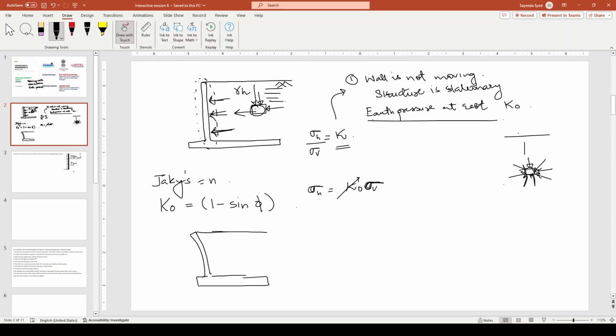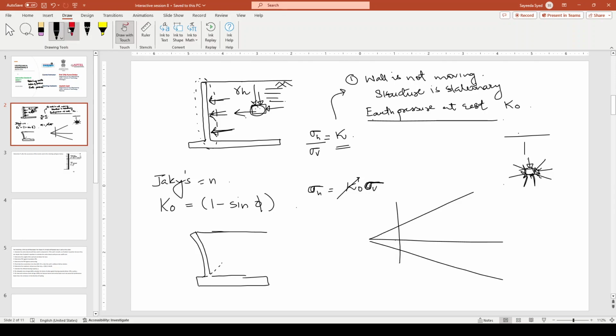So in this case, if we draw a Mohr circle and let us say that this is the failure envelope.